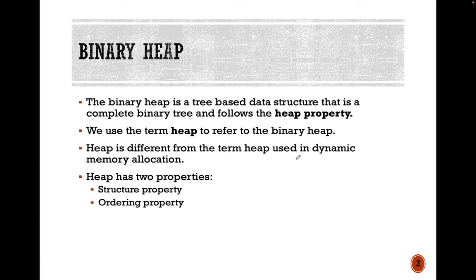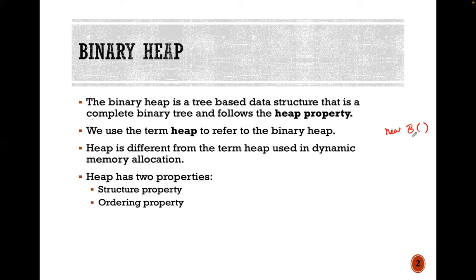This binary heap is different from the term heap that we sometimes use in dynamic memory allocation. In dynamic memory allocation, whenever we declare a variable dynamically, for example using the new operator, say new b, dynamically means during runtime, the variable allocates a memory space in our memory.